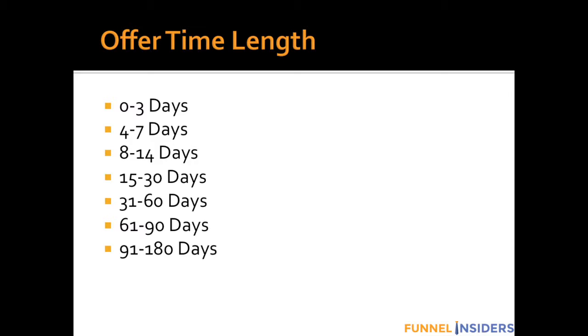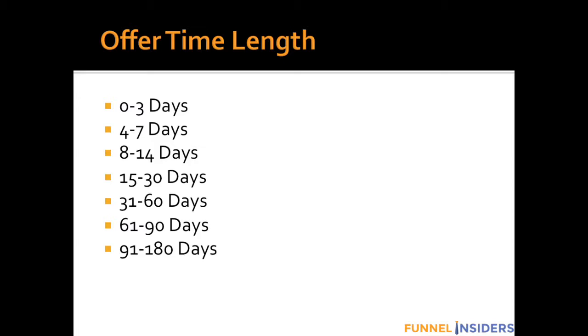This doesn't have to be the one that you go with. This is the one that we like to use here at Funnel Insiders. This is the one that I've used for all my e-commerce stores. This is generally the rule of thumb that we start with, but it could be 0 to 7 days. It could be 0 to 14 days. It just depends on the type of offer and the type of product or service that you're running.